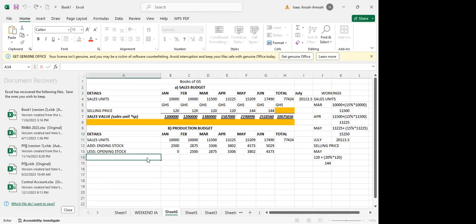So let's continue. Required production unit. Okay. Sales unit to it.